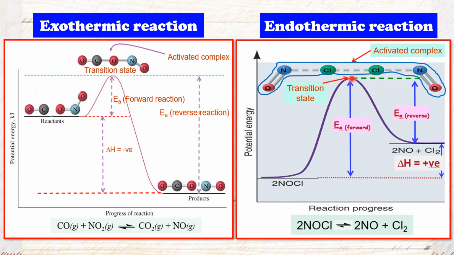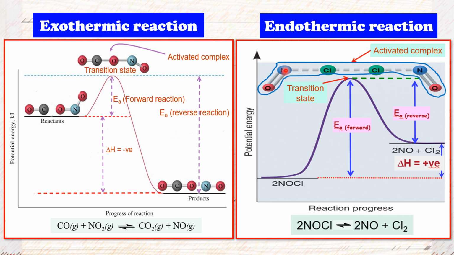Alright, so next, when the reaction proceed, okay, so it will produce NO and Cl2. So maksudnya activated complex ni hanya sementara sahaja. Okay, dia nampak seolah-olah macam satu molekul dia combine. So we can see that we have dotted line here. What is the meaning by dotted line here?